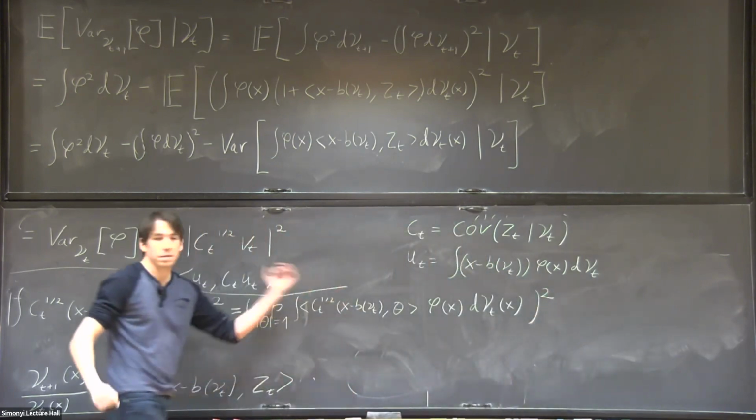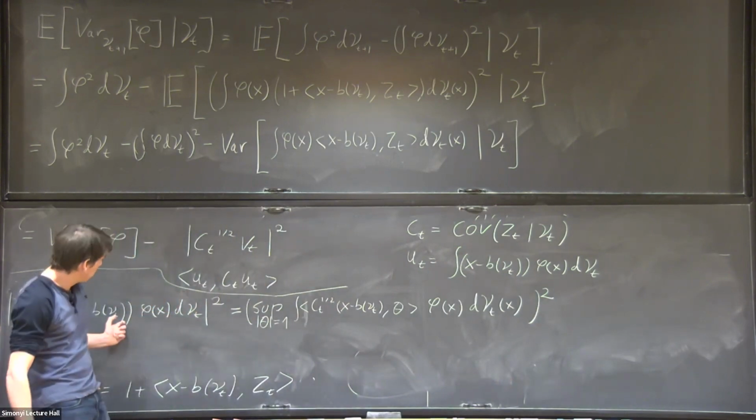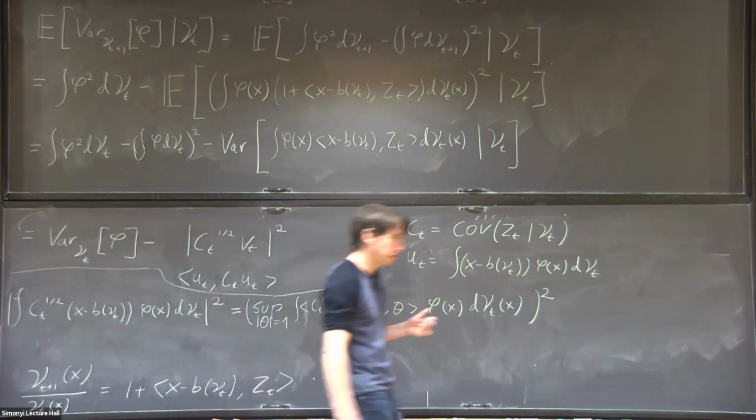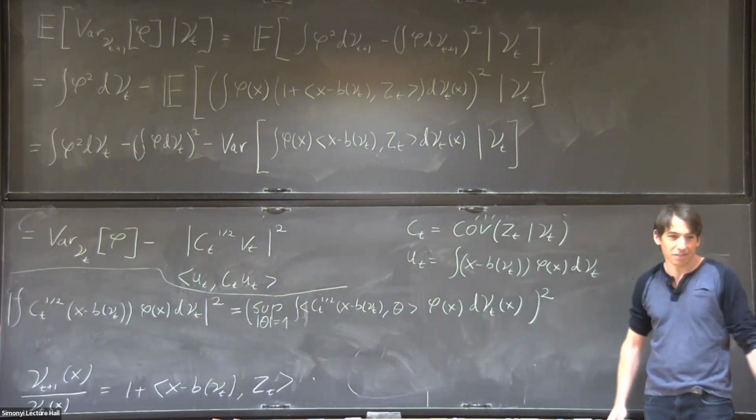I didn't do anything, right? The norm of a vector is the supremum of this vector dot some unit vector. It's actually the same vector normalized.